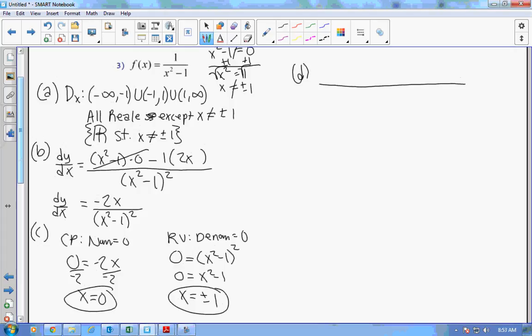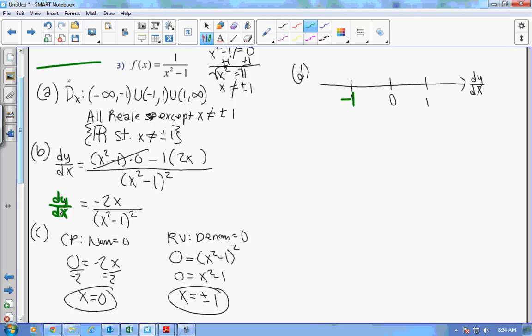Next step, dy dx or f prime of x, you should be labeling. We have negative 1, 0, positive 1. Okay, dy dx is a little complicated to see what's going on. I think the original function is actually a little easier to see what's going on. What happens when you plug in any x into an x squared? It turns positive. Okay, so if that is smaller than negative 1, like say negative 2, how do rational functions look?